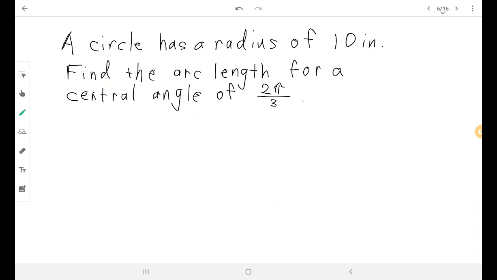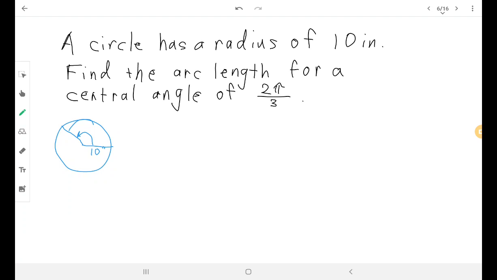Now we're going to talk about arc length. So we're going to say a circle has a radius of 10 inches, and we want to find the arc length for a central angle of 2 pi over 3 radians, which turns out to be right about there.